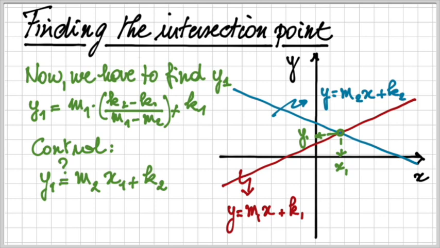So we put in the second equation the values of x1 and y1 that we found before. So we have to verify, is y1 equal to m2 x1 plus k2. And when this is correct, we can say that we did the calculations correctly, and we found the intersection point x1 and y1.